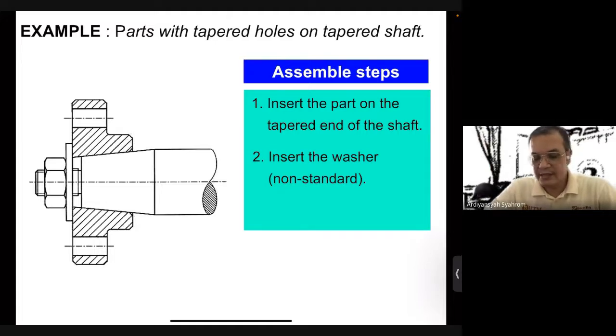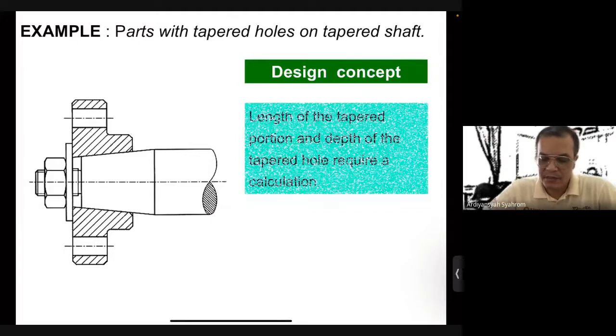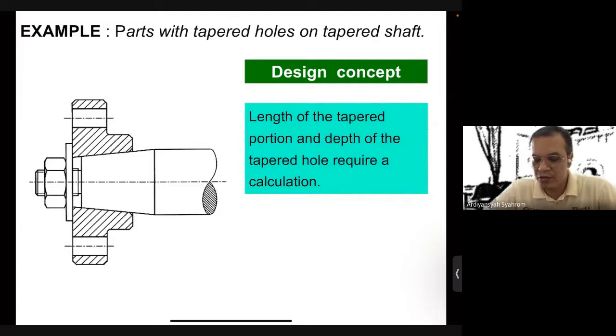Second is insert the washer, non-standard, then tightening the nut. The washer improves the distribution of the tightening force on the part. Design concept: the length of the tapered portion and the depth of the tapered hole are required through a calculation.